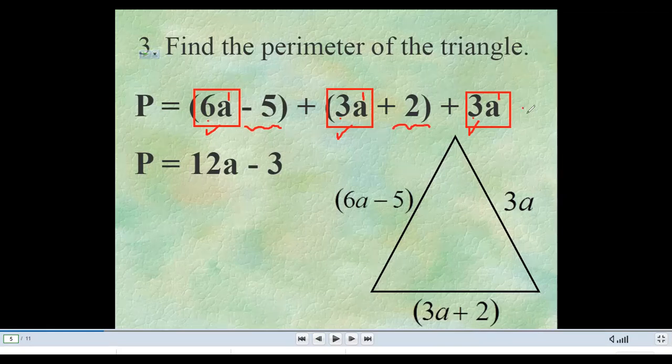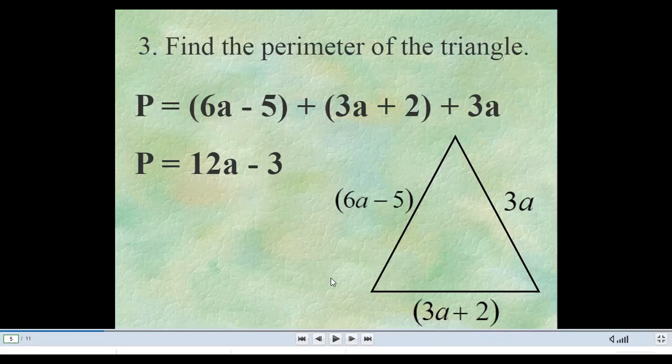Then we will add negative 5 plus 2, which will be negative 3. Then if you want to simplify any expression and it has like terms, we will add the like terms together and then simplify.